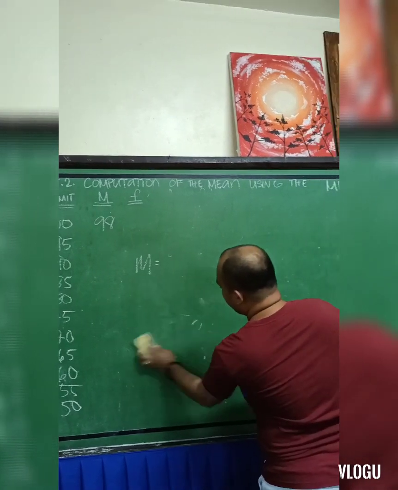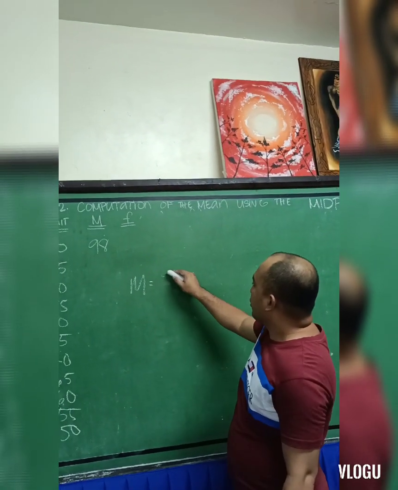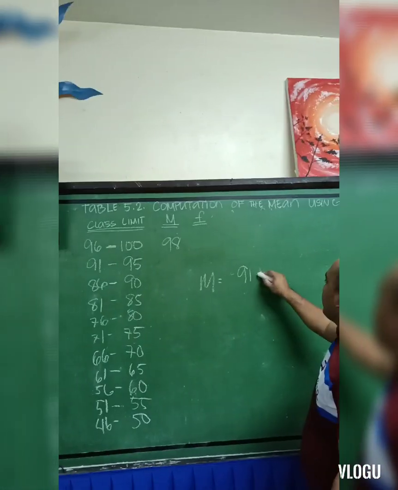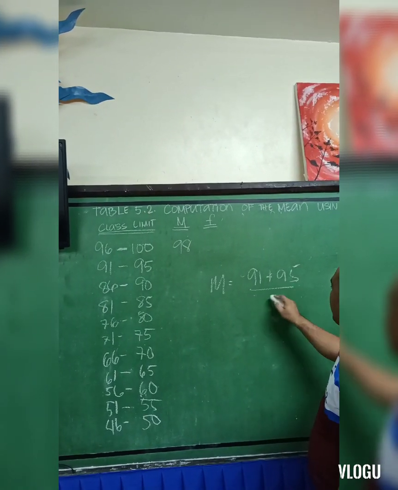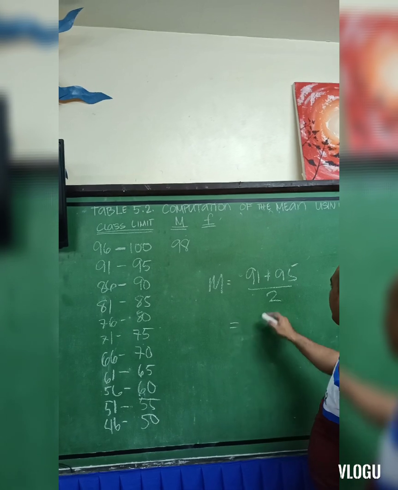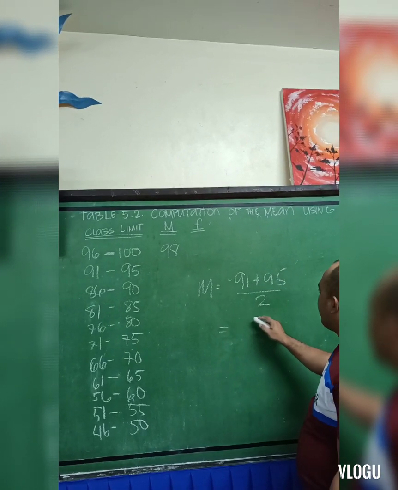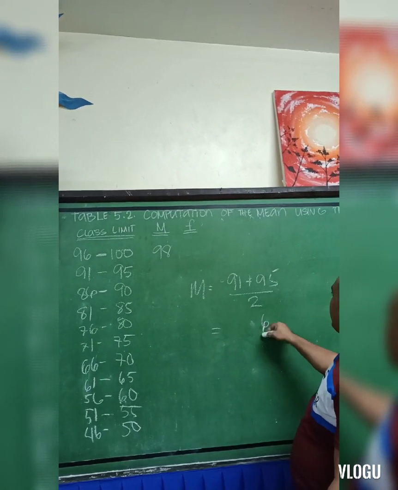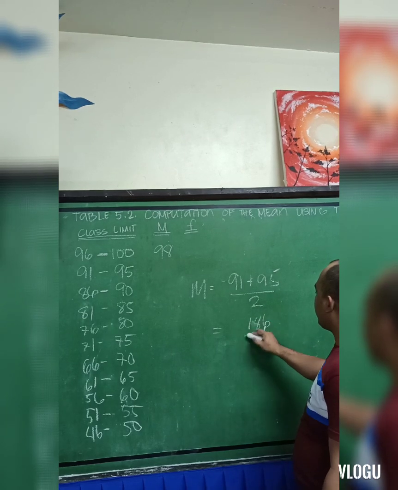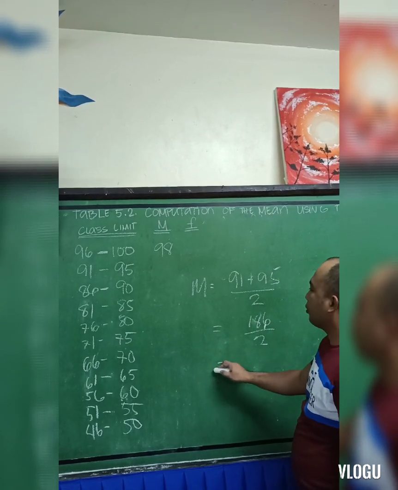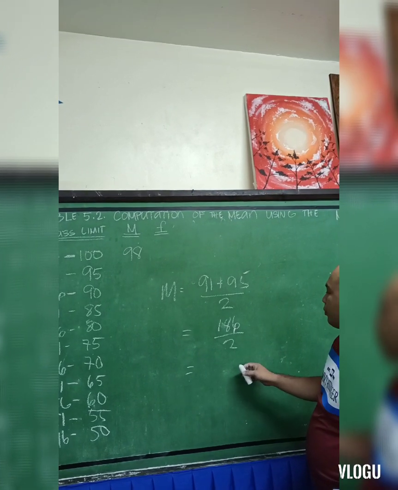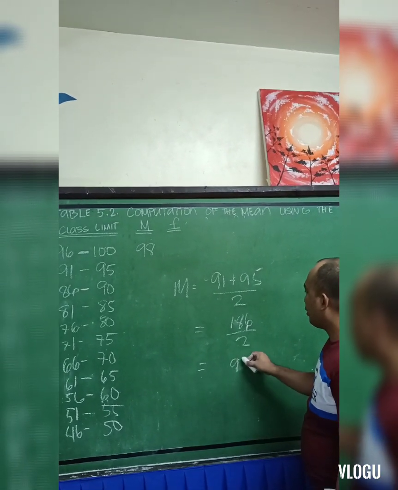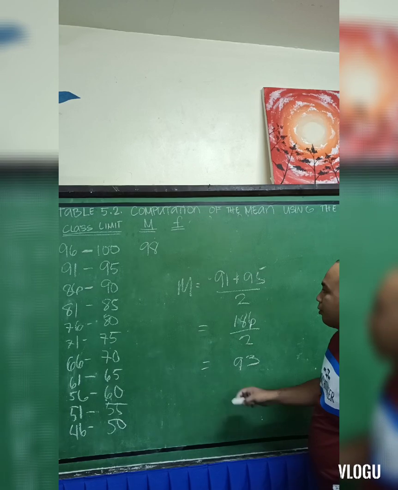Next, 91 plus 95 divided by 2. 91 plus 95 is 186, divided by 2 is equal to 93.